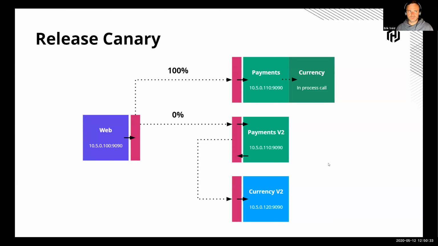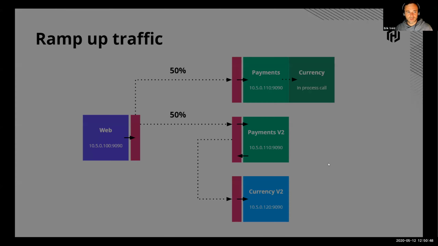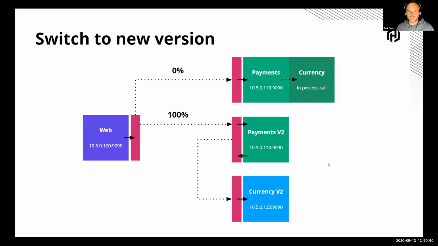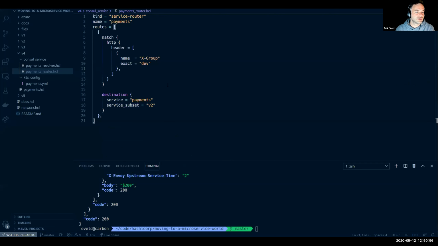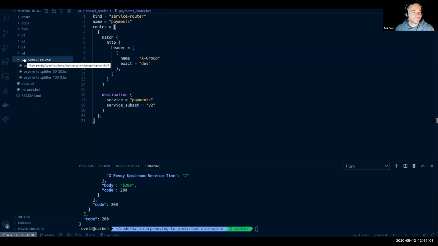So we're going to be slowly ramping up this traffic from 100% to the old version to 50-50. And then if things go wrong, we can always go back to 100% on the original version. But if things go well, we can then migrate entirely to this new version. So let's see how we can extend this example to actually make that happen.